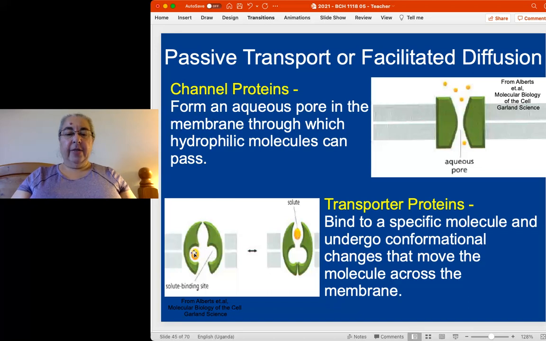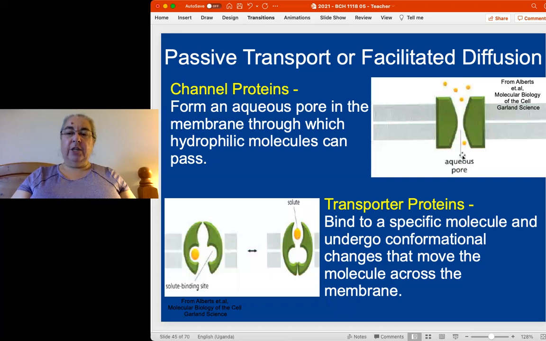So here, the protein has a binding site for its particular ligand, for a particular solute, which needs to pass through the membrane. And when that ligand binds, the protein changes shape so that the solute can be released on the other side of the membrane. Okay, so there's a conformational change, a shape change happening and allowing the small molecule to pass through the membrane.